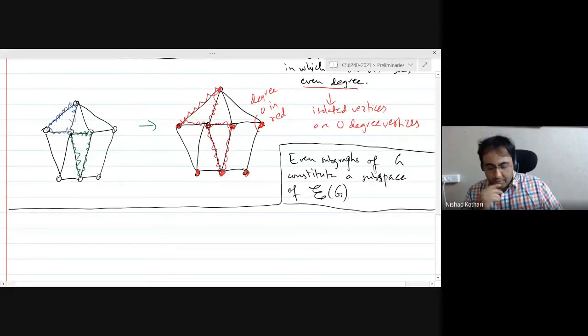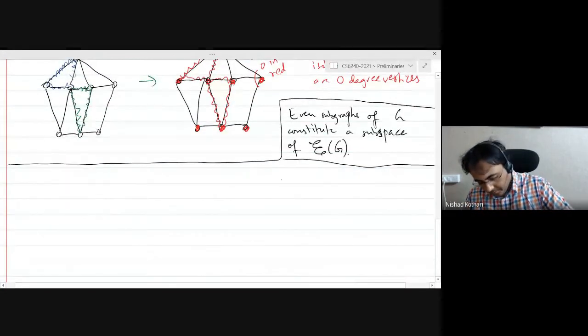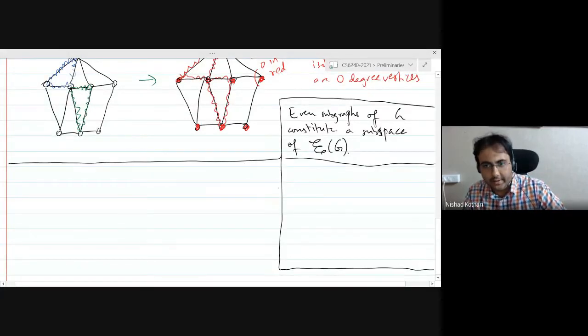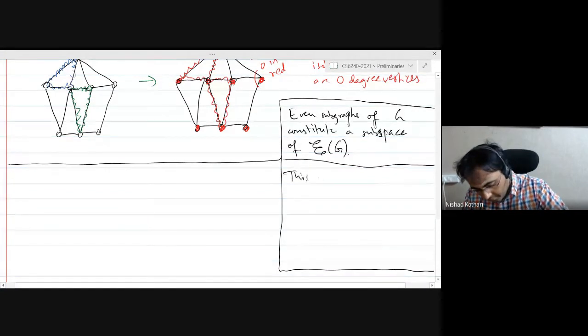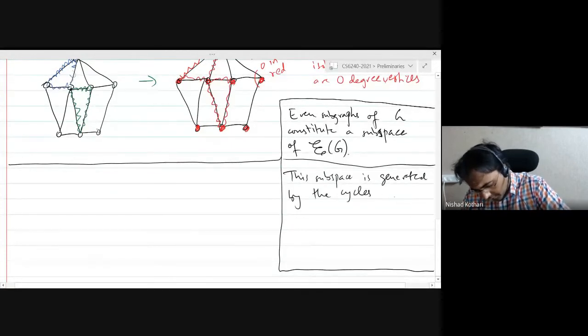We need to show this, of course. I'm just stating it right now. Another thing we will be showing is that this subspace is generated by the cycles of the graph, by the cycles of the graph G.